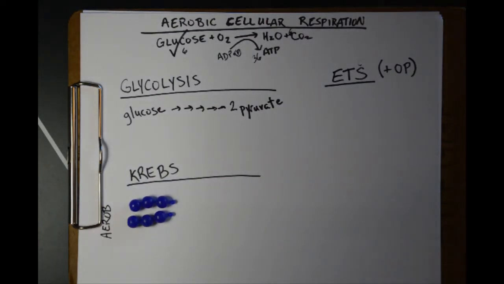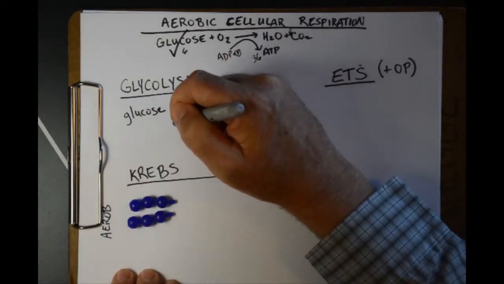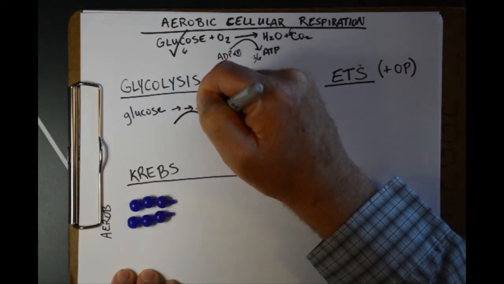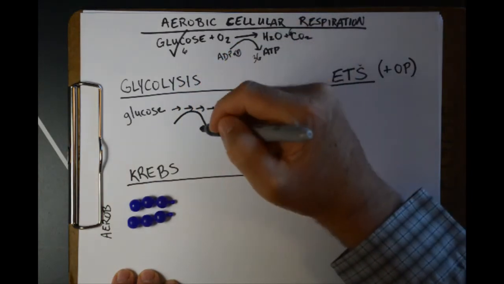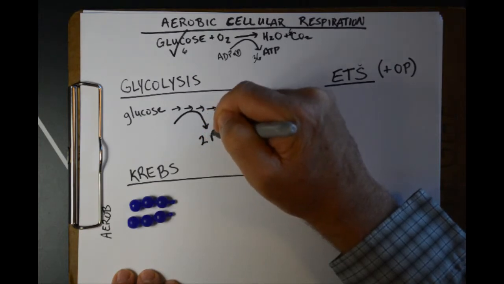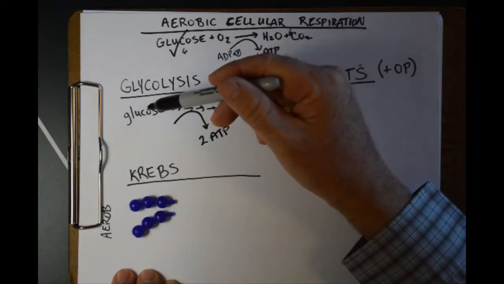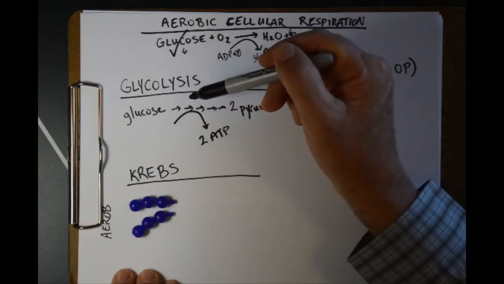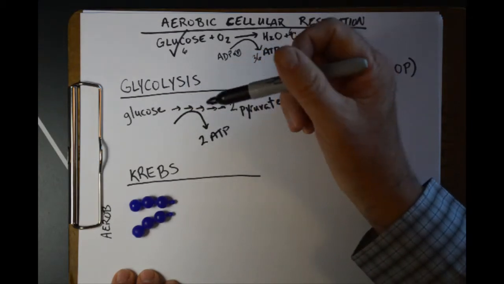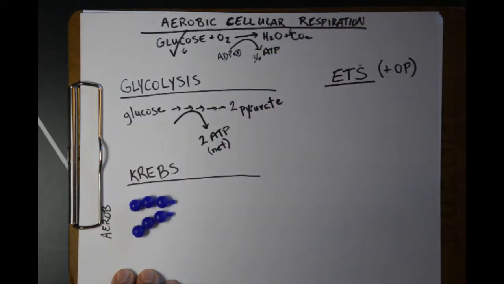But let's take a bit of an accounting here in terms of where we're at. Well, in this, I'm going to extract some energy in a separate set of reactions and make 2 ATPs. All right, technically I'm going to put in 2 ATPs worth of energy and get out 4, but I get 2 ATPs net from this.